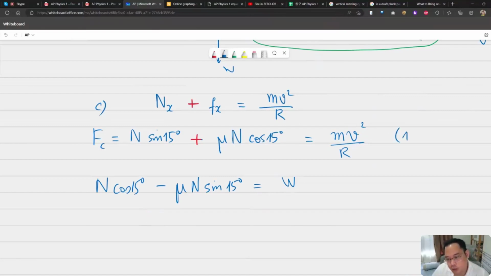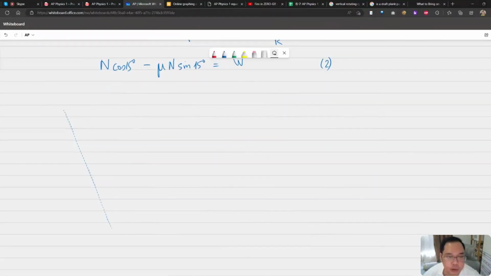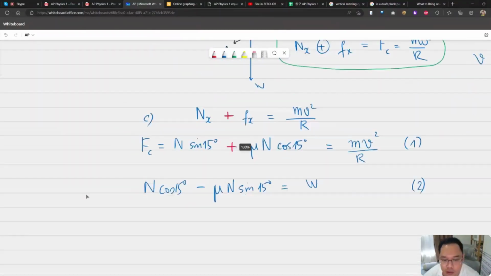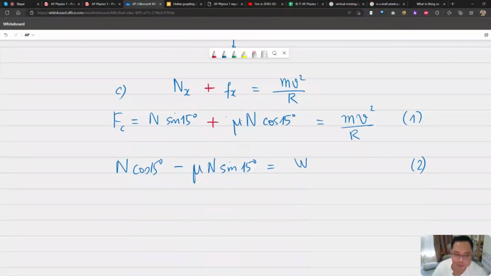So we have the two equations, 1 and 2. Need to find mu. This can be written as mg. We can add the two equations side by side. Anyway, we need to find N and then plug into the first equation.